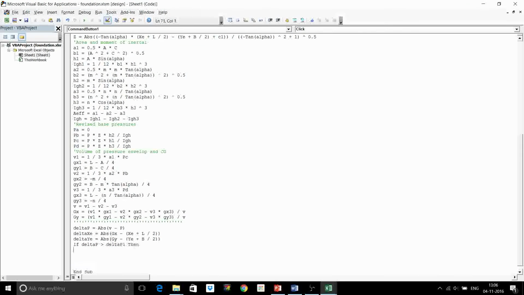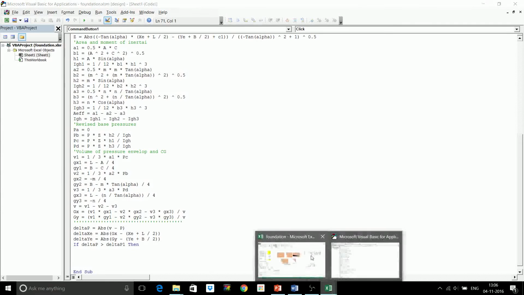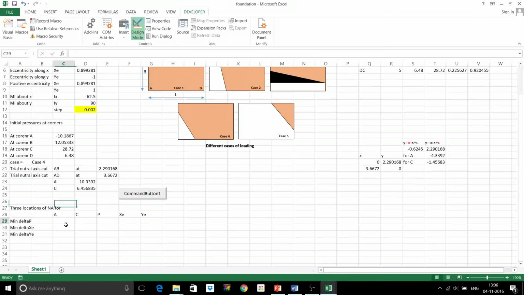Then what is to be done? I have to write those A, C and all relevant information here in this table.